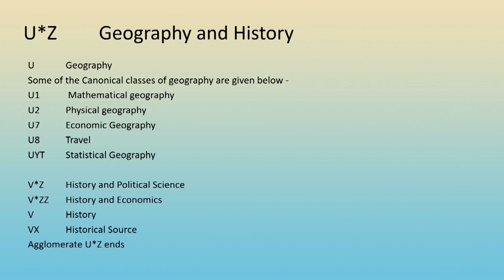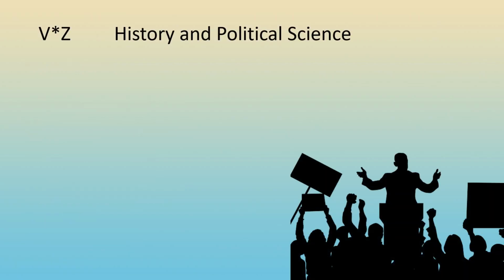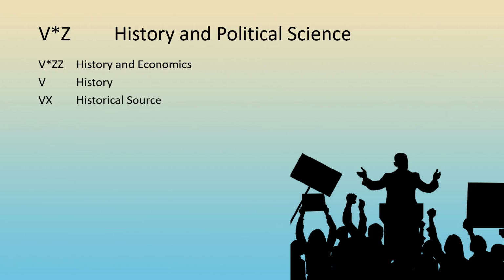Again, agglomerate of history and political sciences denoted by capital V star capital Z, which in turn include history and economics denoted by V star capital Z, including history, historical resources, and with this geography and history U star Z ends.